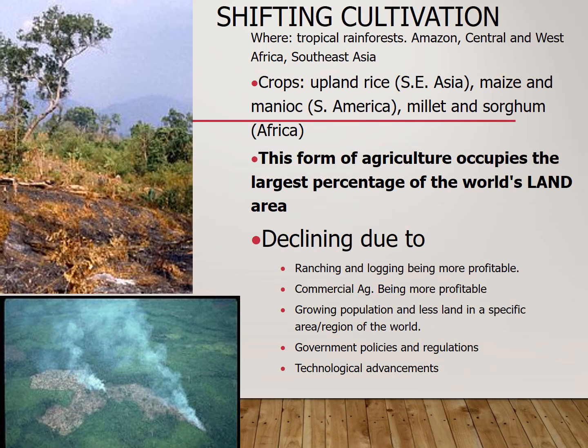And commercial agriculture, I already said, is more profitable, it's more productive, so it's very hard for people to compete with their small scale slash and burn agriculture against commercial agriculture. Growing population and less land, government policies and regulations saying, hey, you can't cut this down, and of course technological advancements that give people the benefit of doing agriculture another way.